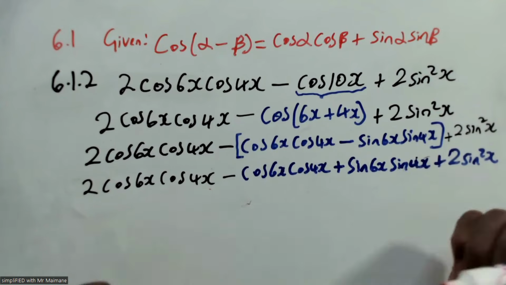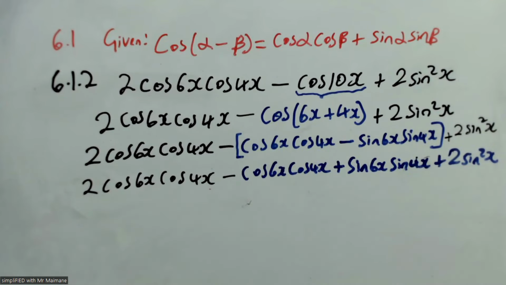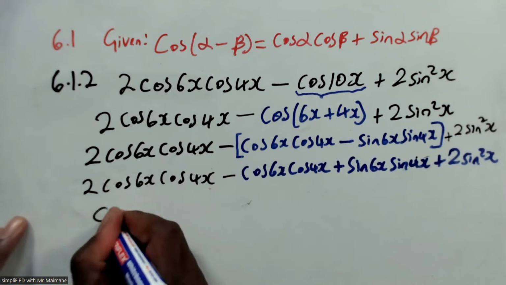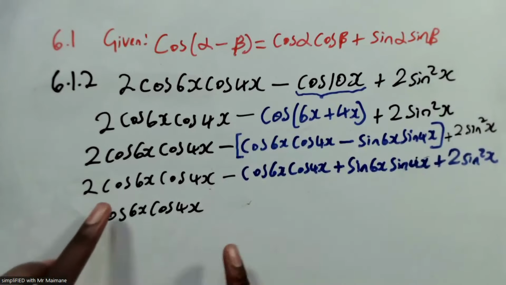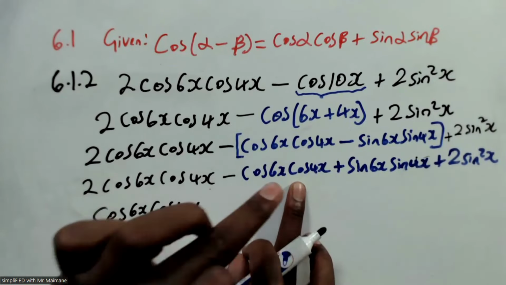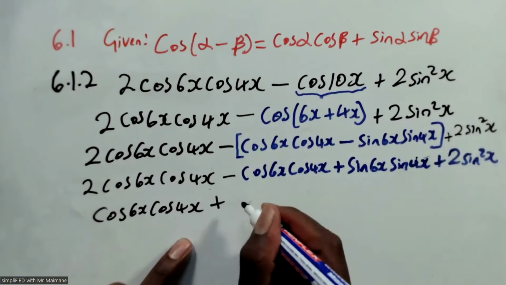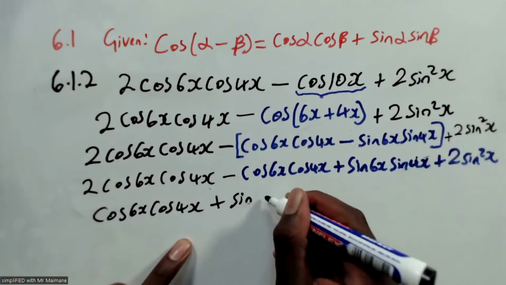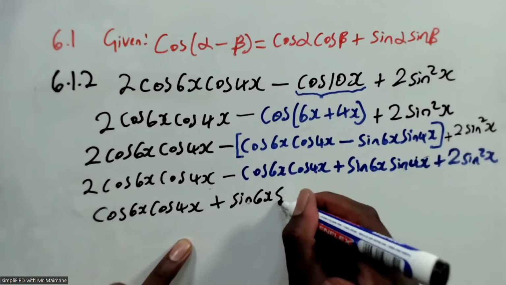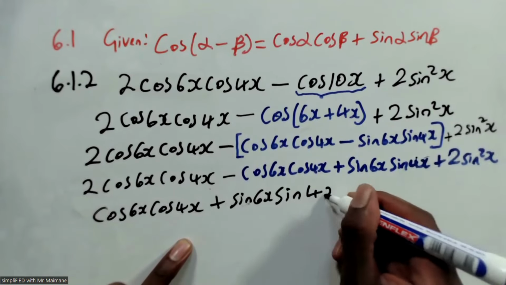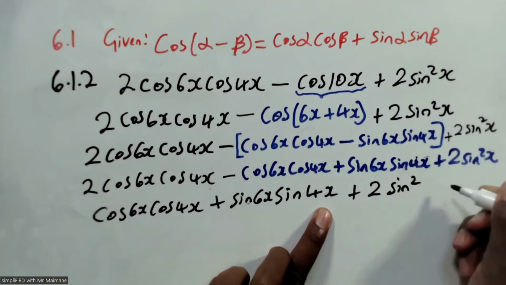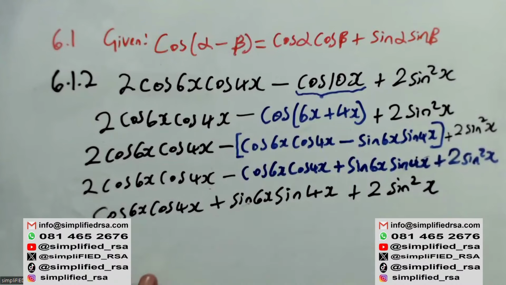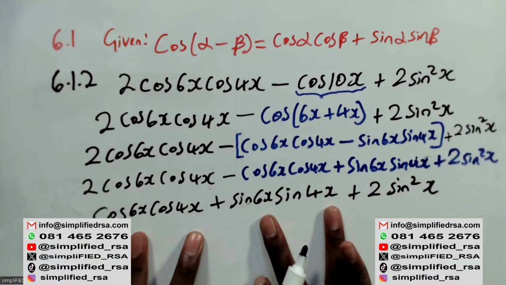So now if I rewrite this, we'll be having only this one. It's going to be cos 6x cos 4x, because this one subtracted that. And then I'm going to add that, plus sine 6x sine 4x plus 2 sine squared x. So now I'm getting somewhere here.